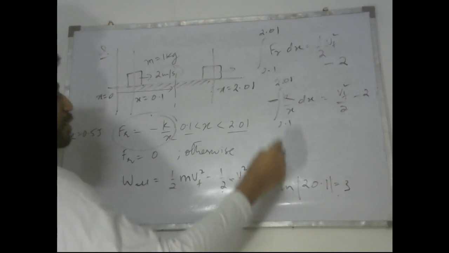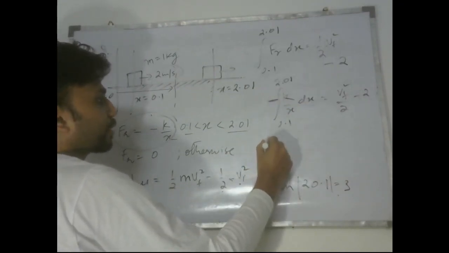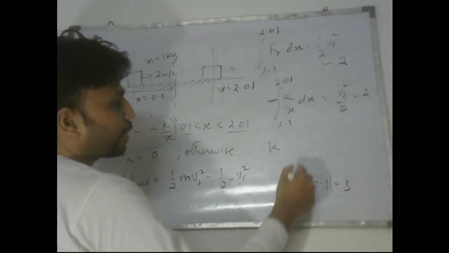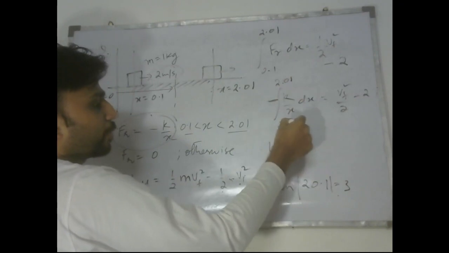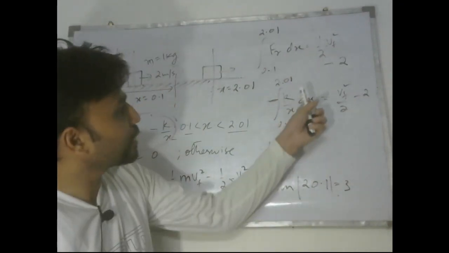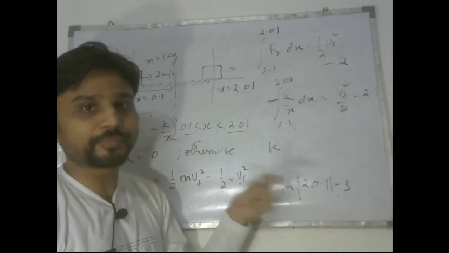So integration of 1 by x, k would come outside. The integration of minus 1 by x is ln x, and it would come out to be ln of 2.01 upon 0.1. I hope that is clear to you guys, that integration of 1 by x dx is simply ln x.